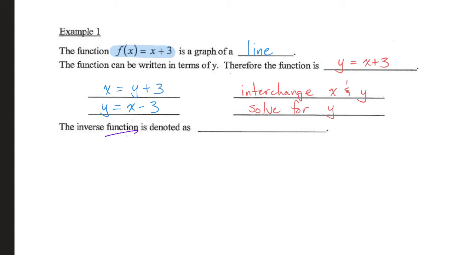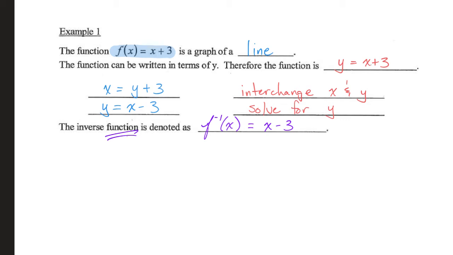Notice it is a function, so I can use my function notation, and we mark that as the inverse of f. It was x minus 3. There we go. Okay, pretty straightforward, especially when we're dealing with a line.